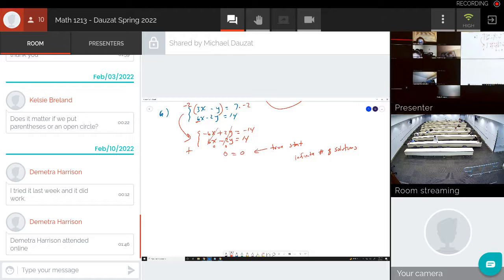Well, so just to show you, when I say it's an infinite number of solutions, I don't mean that just any point in this coordinate plane is a solution. That's not what I'm saying.